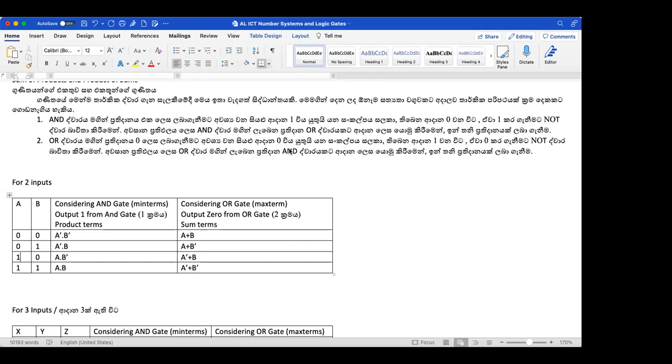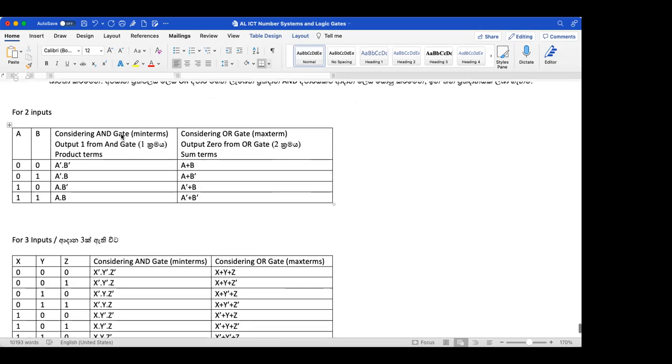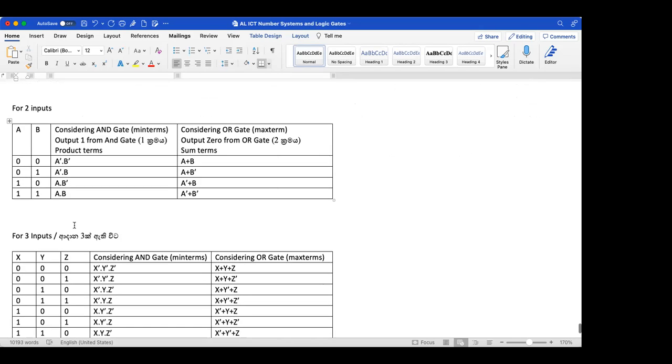Since there are 3 inputs, there are 2 to the power 3 combinations, which is 8. I showed you how to write this last day. You can toggle this, which means you write 0 1 0 1 0 1 0 1 style.